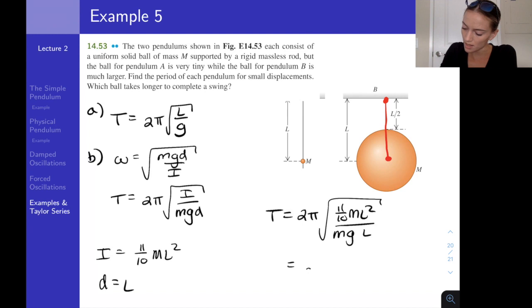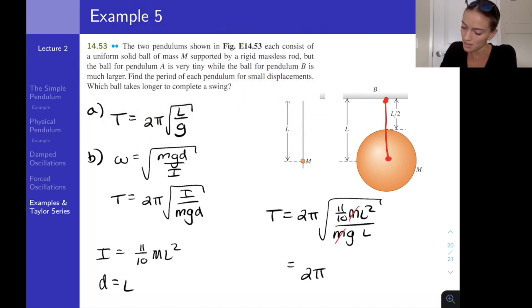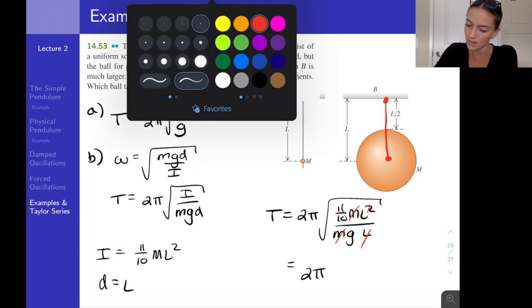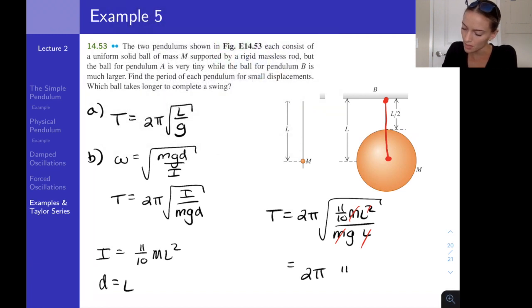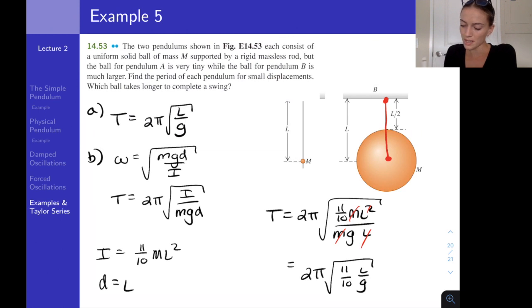And then we get 2 pi. Let's see, our masses cancel, one of our L's cancel. We get 11 over 10 L over g. All right, so we can see here that this period and this period are almost the same, but we have this extra factor of 11 over 10 in the larger ball.